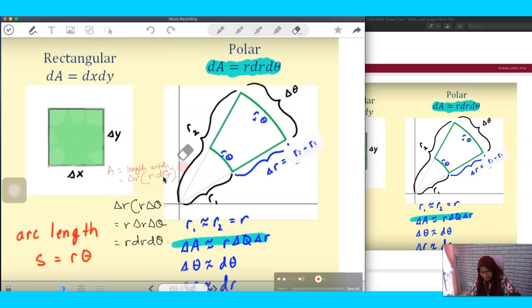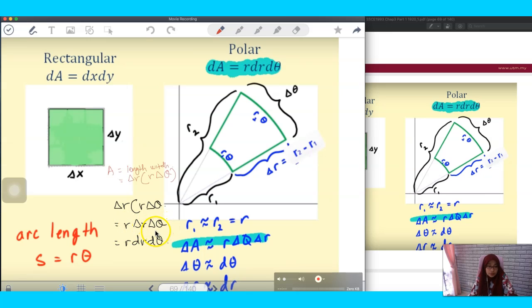Sorry, I should put the delta theta. So now we have the length. The length is delta r multiplied by the width. The width is the arc length over here, which is r delta theta. So when you simplify that, you can bring r, the radius, r delta theta.